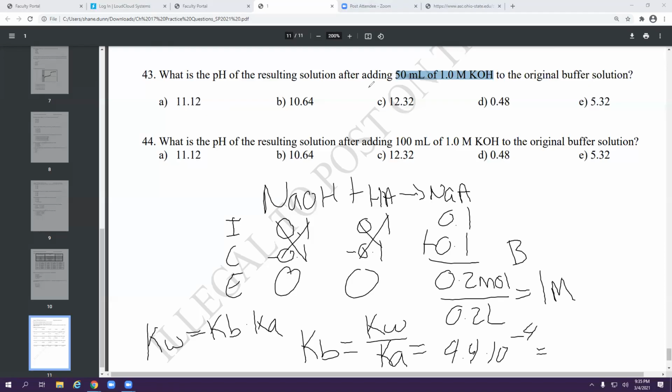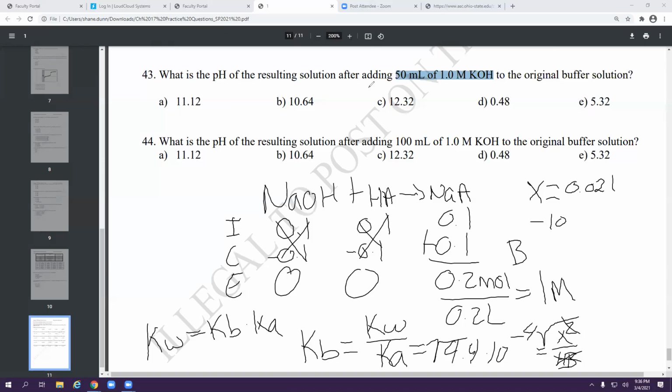That is equal to x squared over HB. HB is 1, so just take the square root to solve for x. X is equal to 0.021.